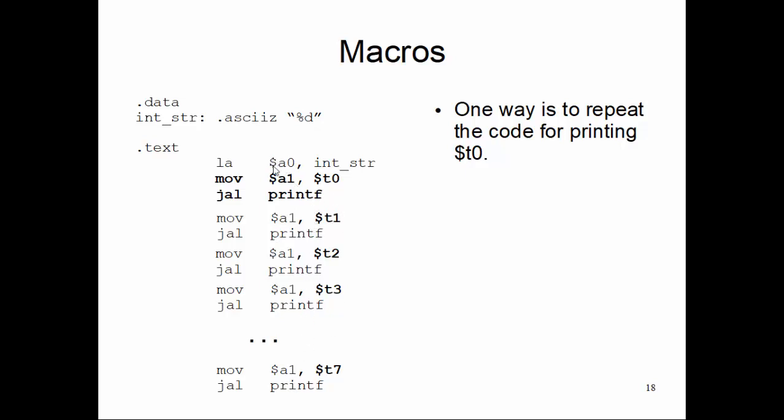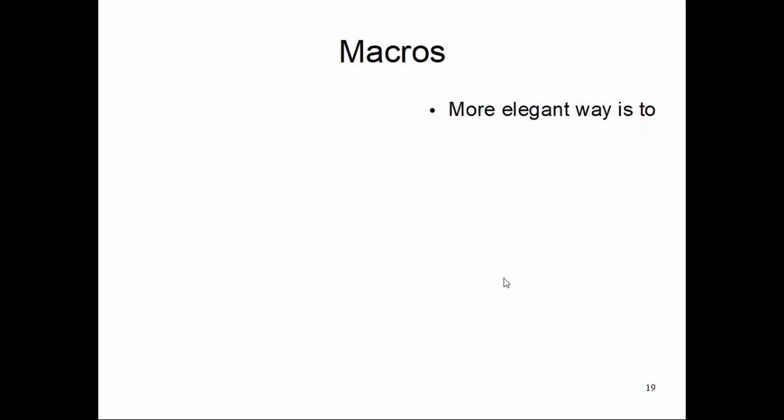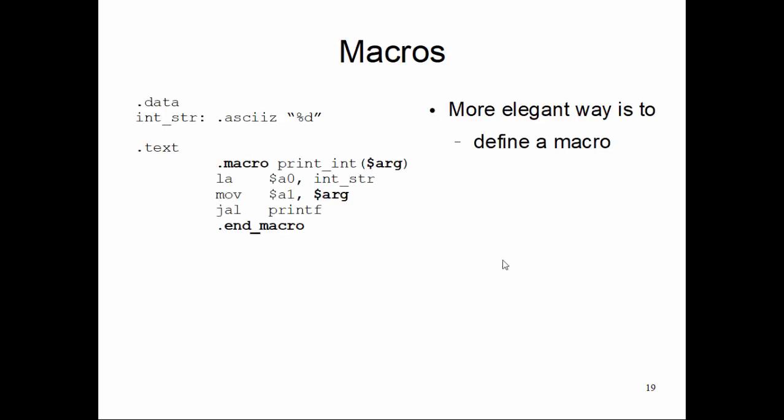First of all, this A0 value remains the same for all the prints, so we do not need to repeat it, but at least these two lines we need to repeat to deal with different variables from T0 to T7. Now, another more elegant way is to define a macro like this.